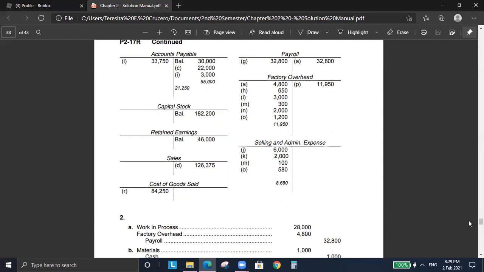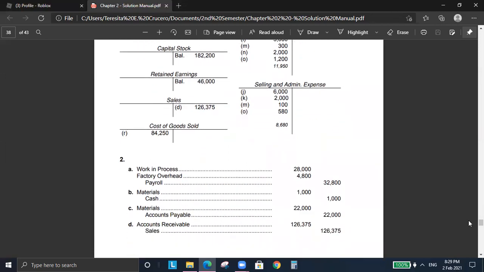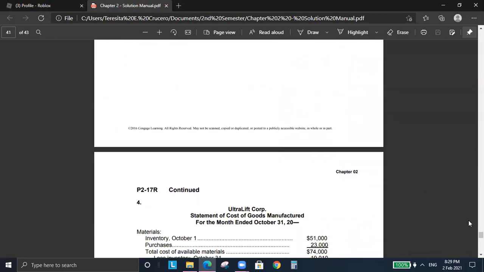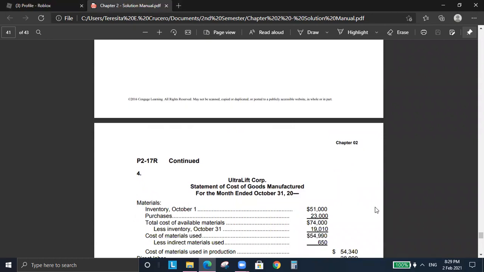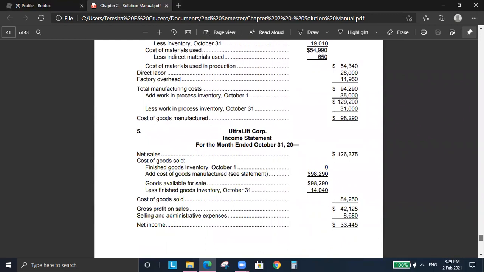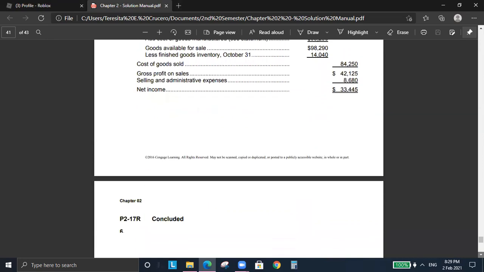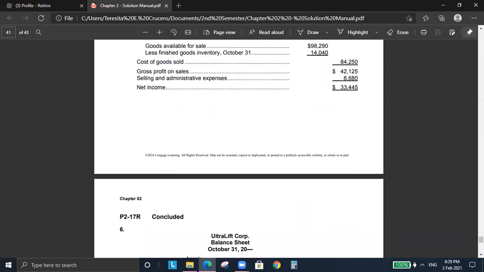Then in requirement number 4, after we extract the balances, we prepare a statement of cost of goods manufactured for October.